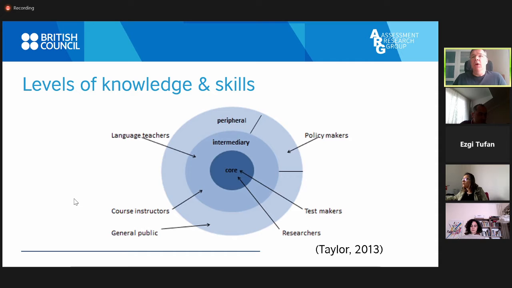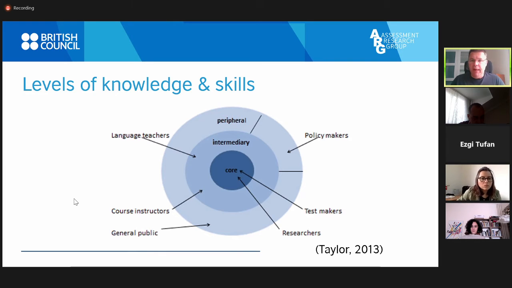It's quite a well-known diagram, and it puts this assessment core right in the middle in the dark blue. That's all about the theoretical and technical know-how, the ethical principles of language testing, and that's what I'm supposed to know about as a researcher, and what other assessment professionals are supposed to know about as well. So if you're involved in testing, then you should be familiar with these concepts.